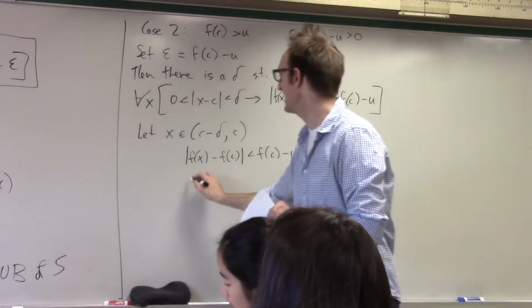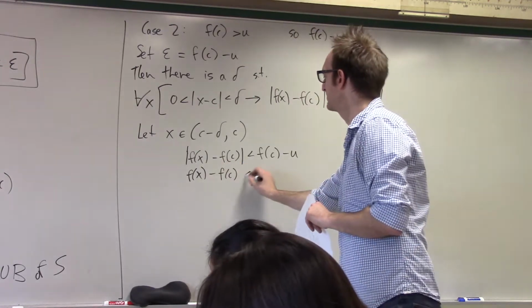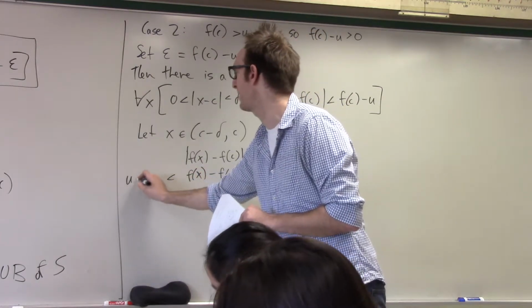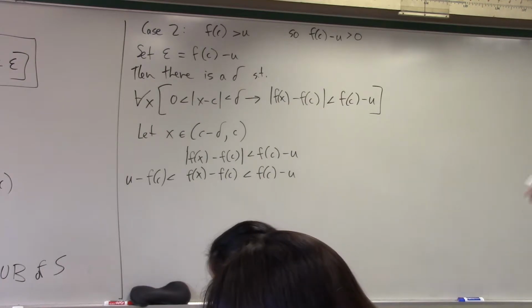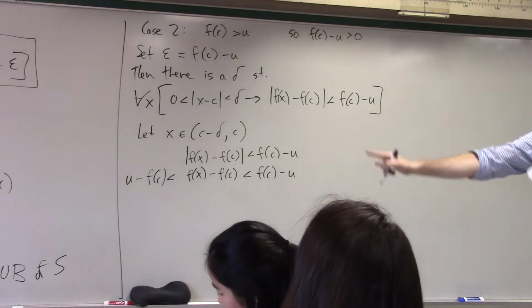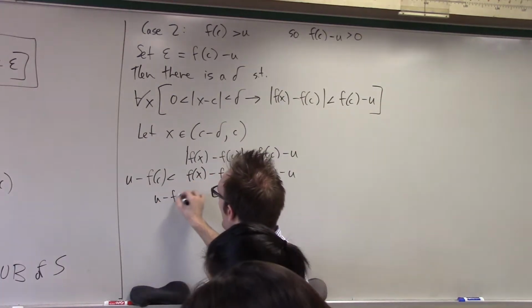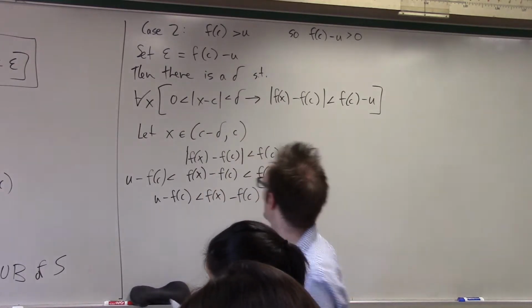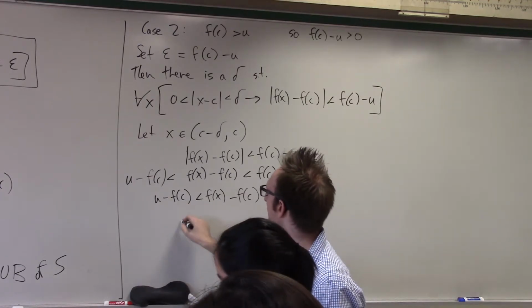Expanding out and getting rid of the absolute value, this says that f of x minus f of c is between u minus f of c and f of c minus u. Now I choose only the left-hand side of this compound inequality, so I have that u minus f of c is less than f of x minus f of c. So that tells me that f of x is bigger than u.